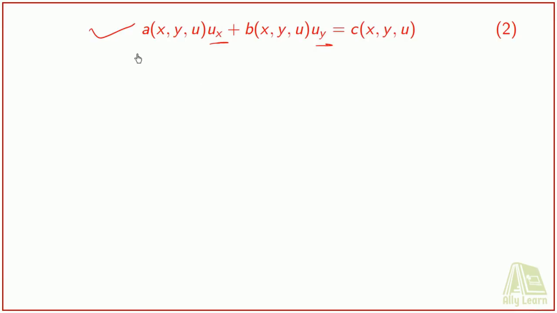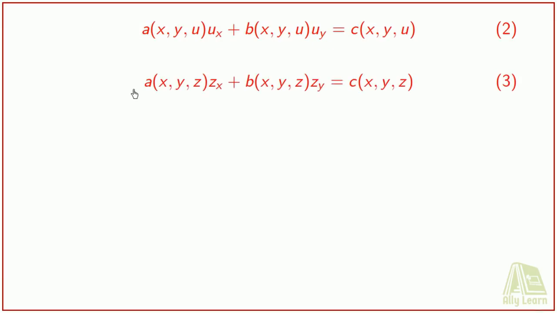Now this first order PDE can also be written in this form. Sometimes in the question, instead of this form, you may be given the first order quasi-linear PDE in this form.